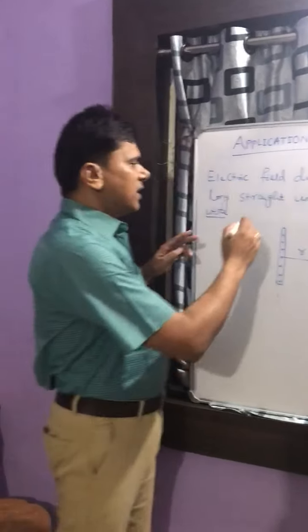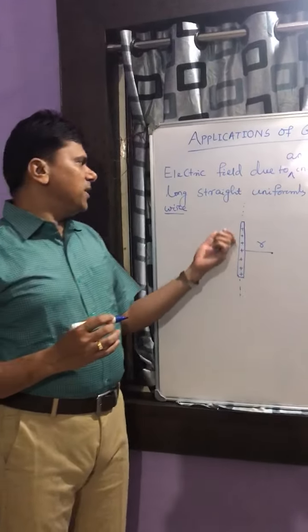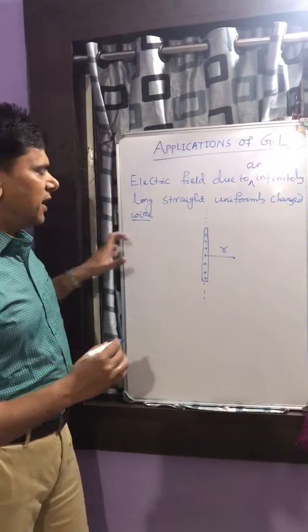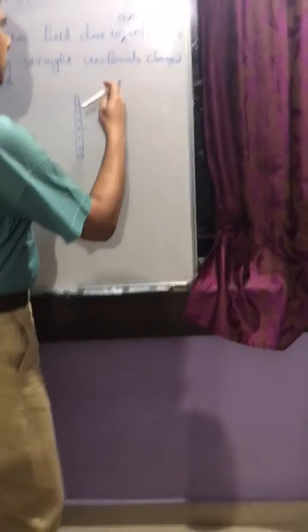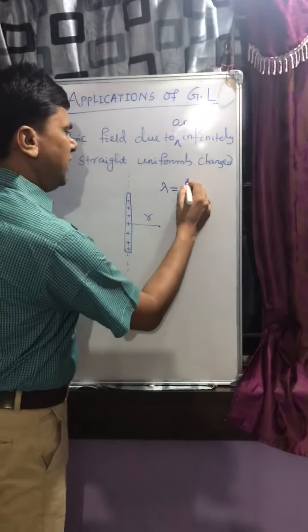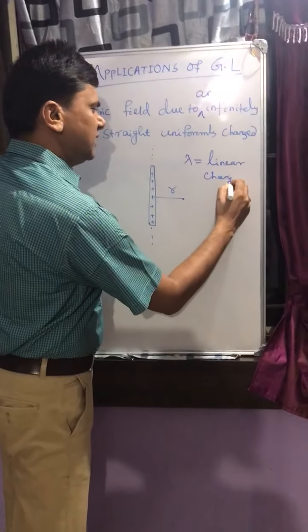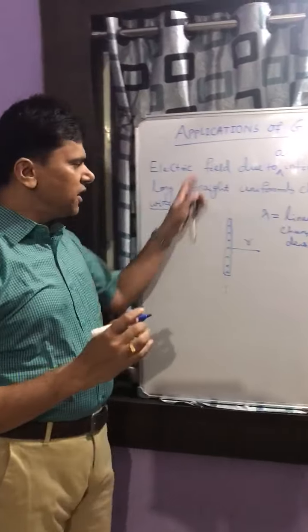So you see here we are given the uniformly charged wire, and its length is actually infinite, and lambda is called the linear charge density of the given wire.